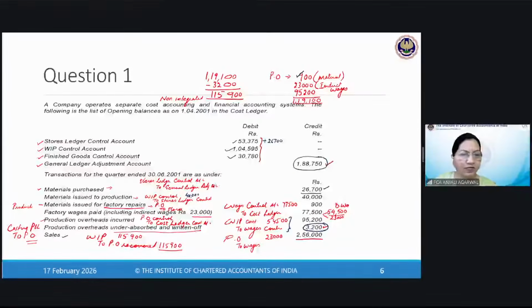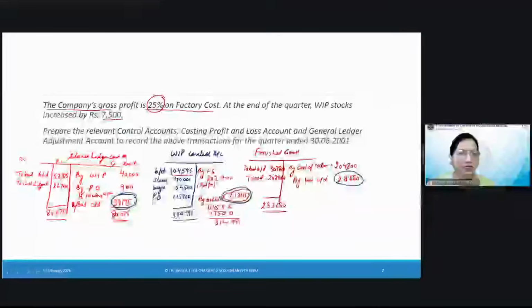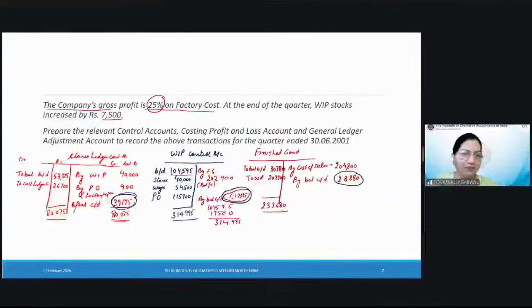Issued to production, issued for factory repairs. Now, supposing in this question, if I am told that the balance of the material lying in hand is only 39,000, what will I do if this figure is given 39,000? It will be my assumption that 175 worth of raw material is lost. You may treat it as abnormal, so you can charge it to costing P&L.